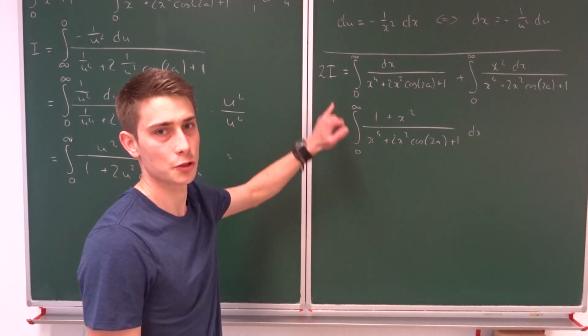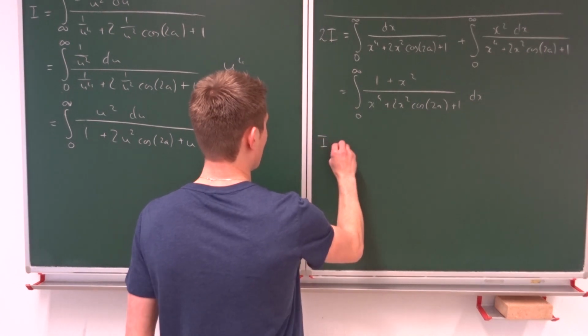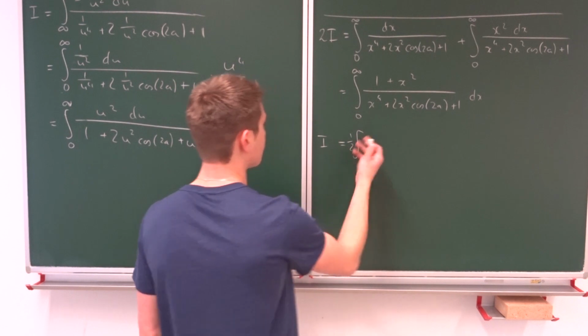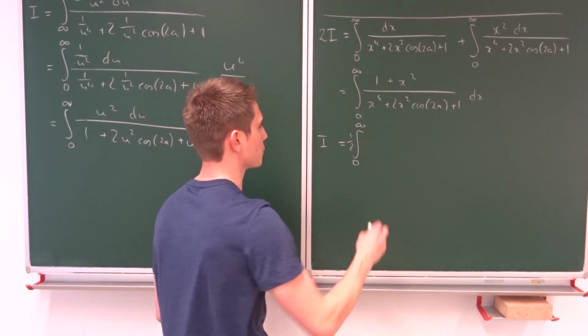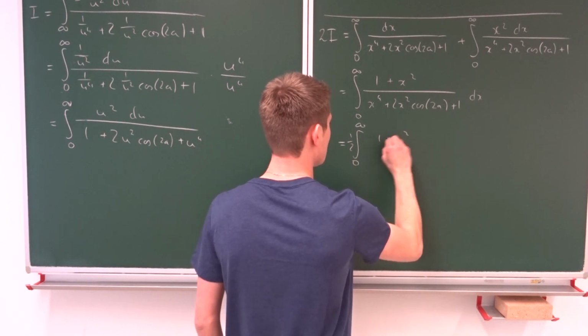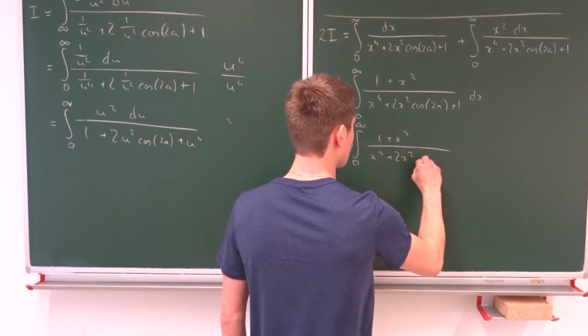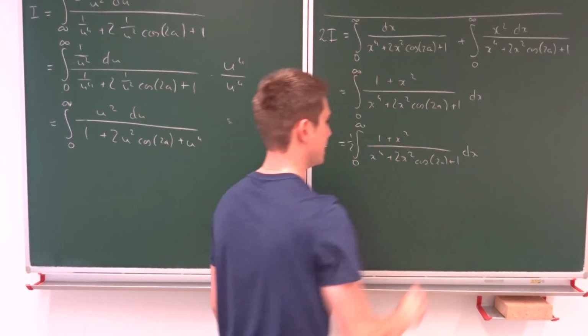We can just divide by 2 and then we get I again. So I isn't anything else than 1/2 divided by 2 times the integral from 0 to infinity of 1 plus x squared divided by x to the fourth power plus 2x squared times cosine of 2a plus 1 times dx.